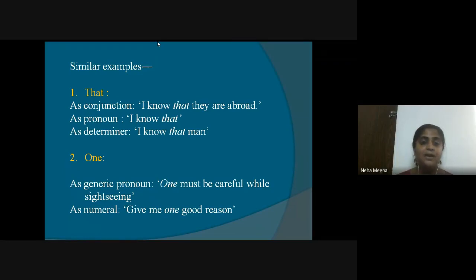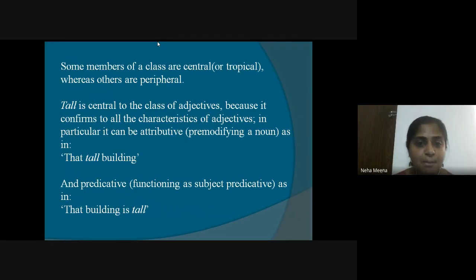Now some members of a class are central and some peripheral, as I've already talked about. I'll go through these very quickly. Tall has all the properties of an adjective, whatever features adjectives have.